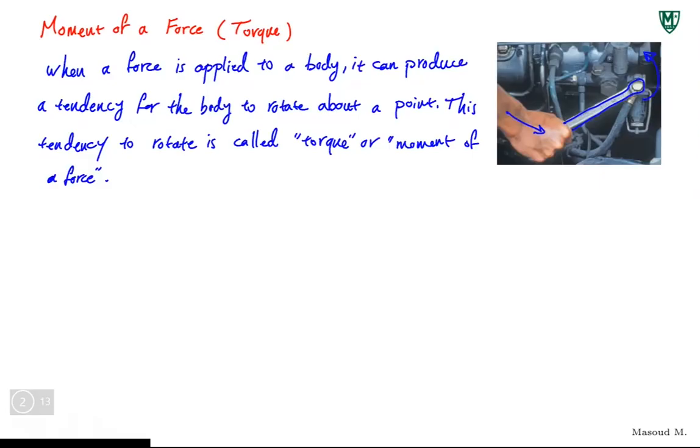Now, so this is the definition of moment of a force. Now, moment of a force, like the force itself, is a vector. So meaning that once we have a vector, we said that before, a vector has magnitude and direction. So we are studying the moment, we have to be comfortable with what it is, how to define it, how to describe it, right? That's the whole idea. So let me just put it here.